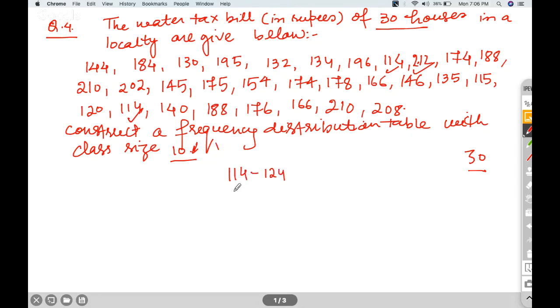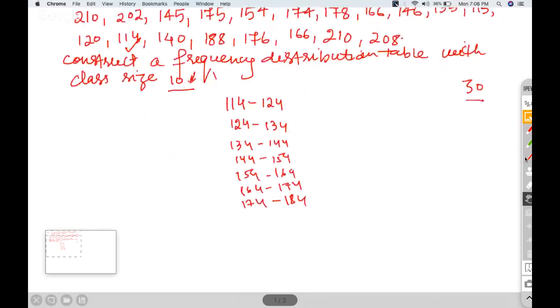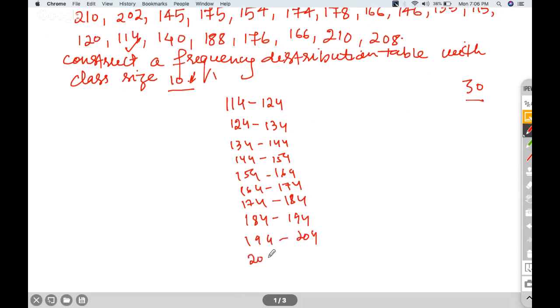I'll write till 124, then 124 to 134, then 134 to 144, then 144 to 154, then 154 to 164, then similarly 164 to 174, then similarly 174 to 184, 184 to 194, then 194 to 204, and then 204 to 214.